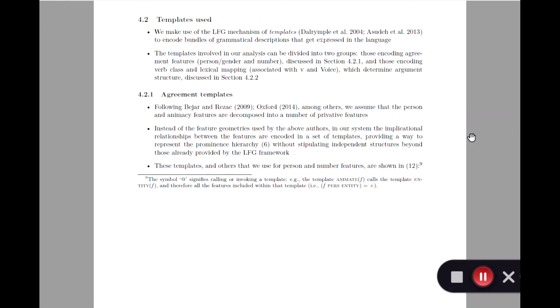So first-person features, for instance, imply the features that are found in positions lower on the hierarchy. But whereas minimalist analyses usually encode the implicational relationships between these features in feature geometry, a separate structure, we're encoding it in a set of templates where the templates exist in an implicational relationship.